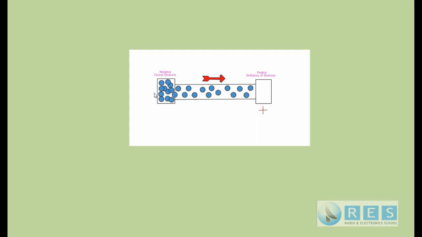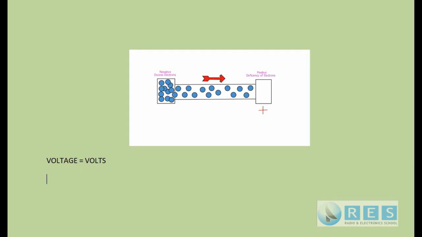And if we have that situation and we put a conductor of electricity between those two squares, electrons will flow from here through the conductor to the least negative place or positive place until the electrons are balanced out. The pressure that exists between the negative and the positive is called voltage, and it's measured in volts.